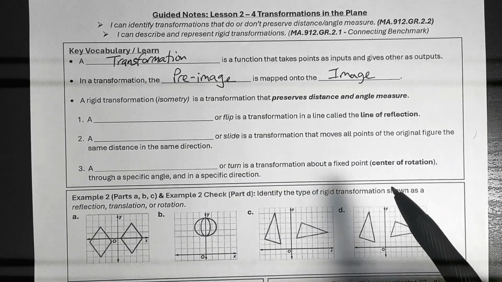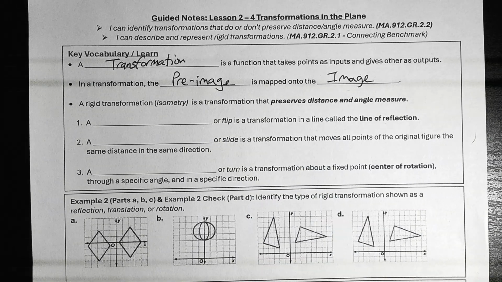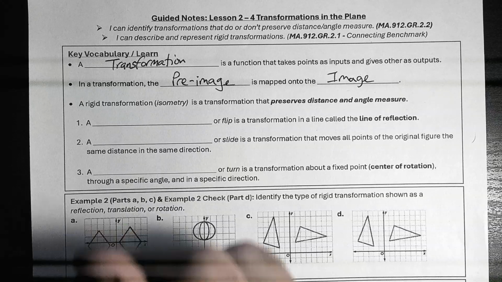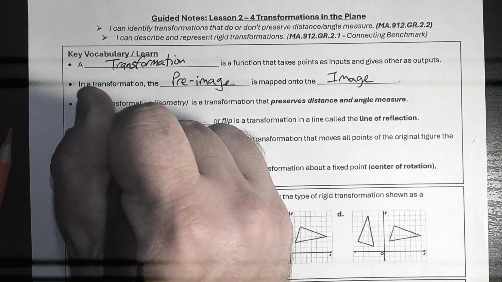Just keep that in mind, because the text, our books, our test, all that stuff is going to begin to refer to the pre-image and image, and you have to know that the pre-image is before, not after, and the end point is the image. Okay, let me just write these words in.